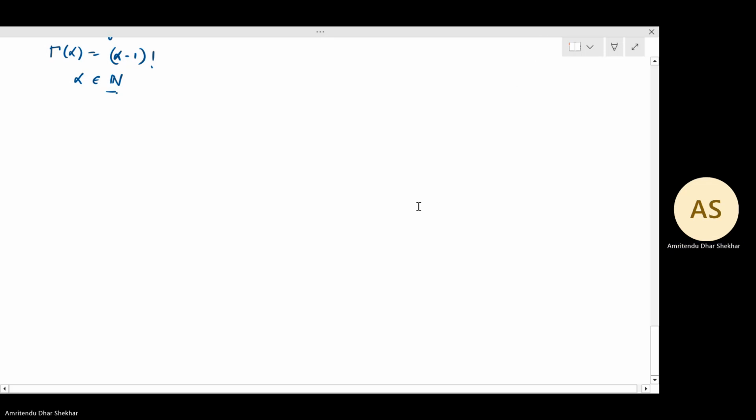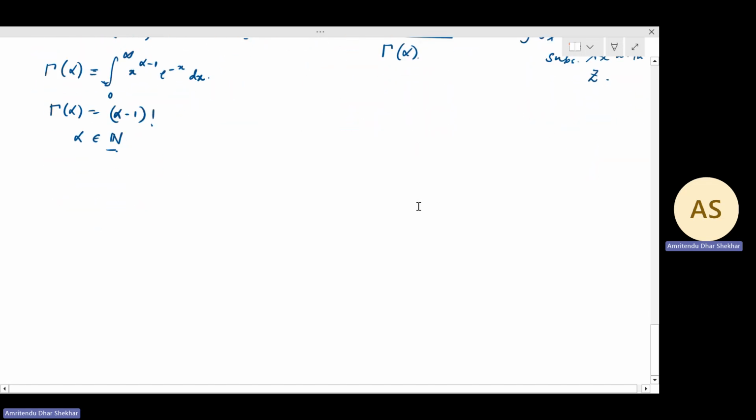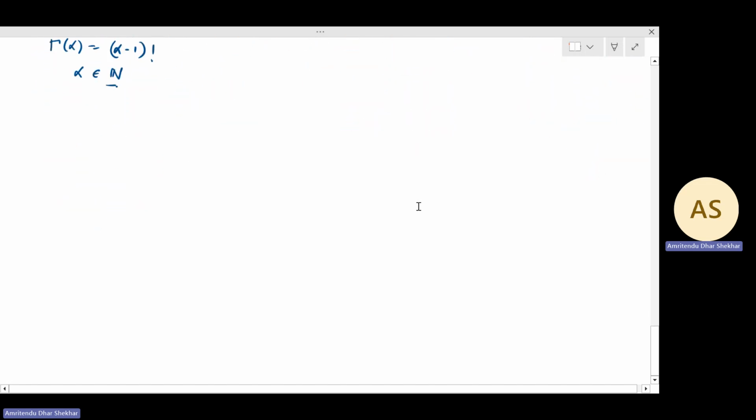So how does the gamma distribution arise in practice? Let's say you have a number of events that are taking place. Think of the times at which these events occur as being random variables, x1, x2, and so on.